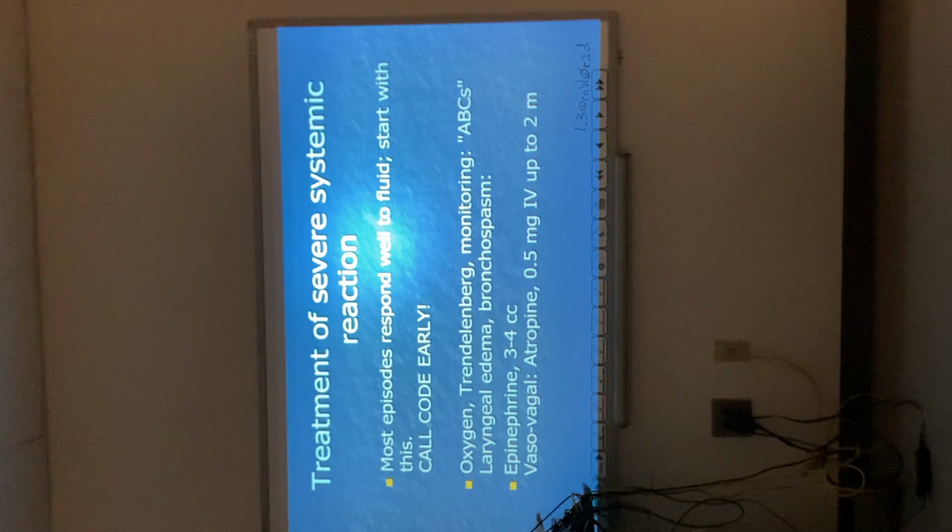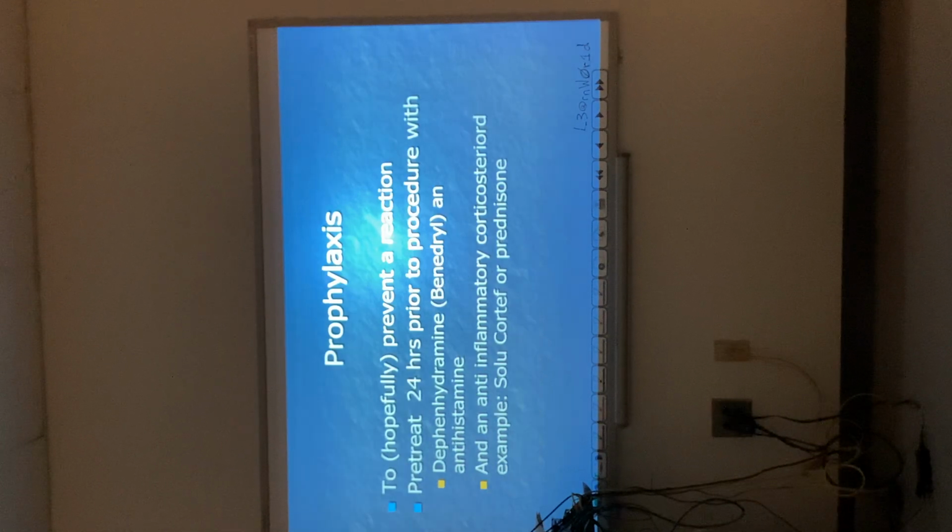Again, patients that we know are prone to have a reaction or have had reactions before, we can pre-medicate. These individuals are typically pre-medicated anywhere from 24 to 48 hours before the exam, depending on what type of exam they're having or how much contrast media they're going to be administered.